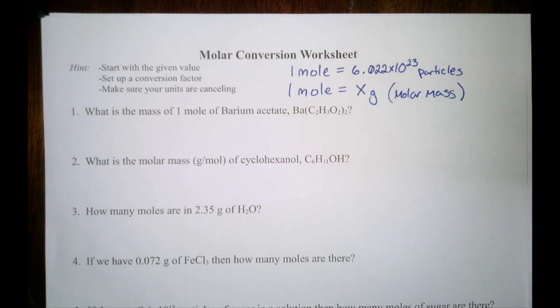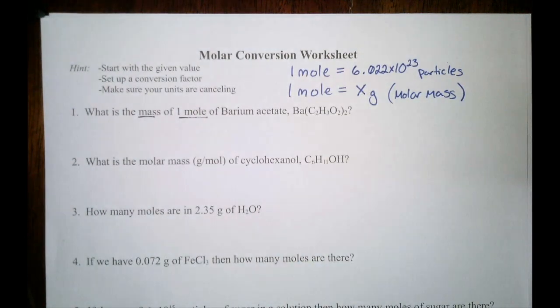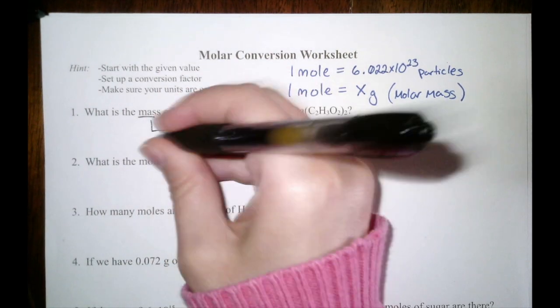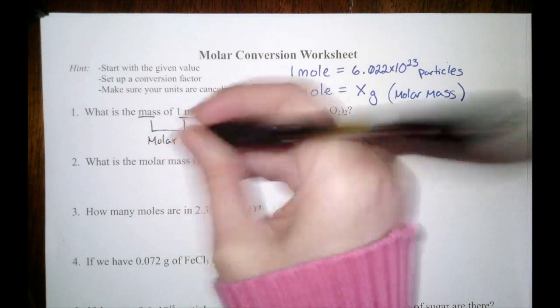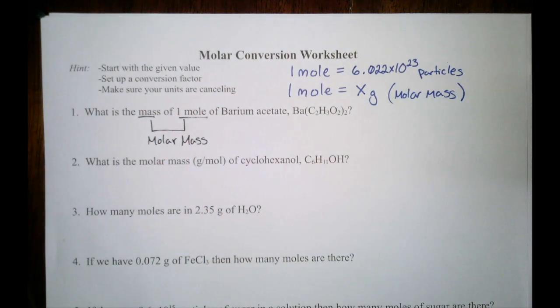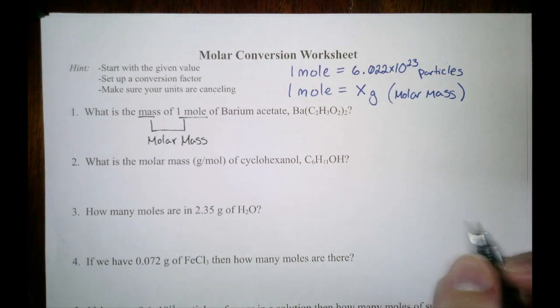So this says, number one, what is the mass of 1 mole of barium acetate? Well, again, if we're dealing with mass of 1 mole, that's the molar mass. So we really just have to find the molar mass of barium acetate, which means adding up the individual molar masses of each element.